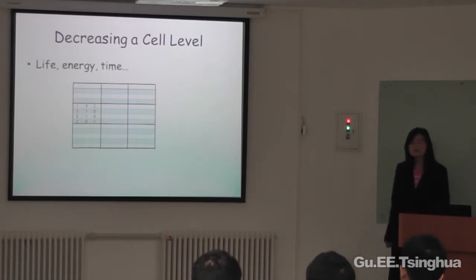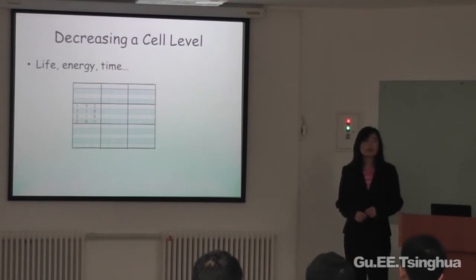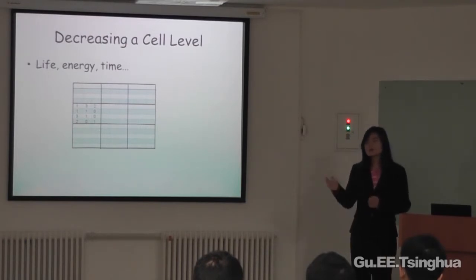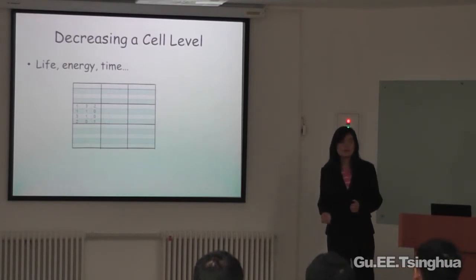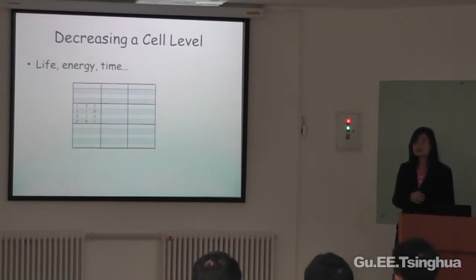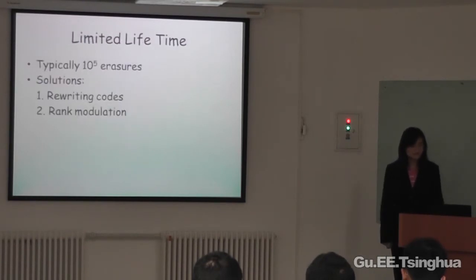This is very costly in terms of energy and time, but more importantly, it also affects the lifetime, because for flash you cannot program and erase more than 10 to the 5 times. After that, there will be too many errors in the device, and the chip will be useless. So we want to avoid erasure, as well as try to avoid decreasing the cell level.